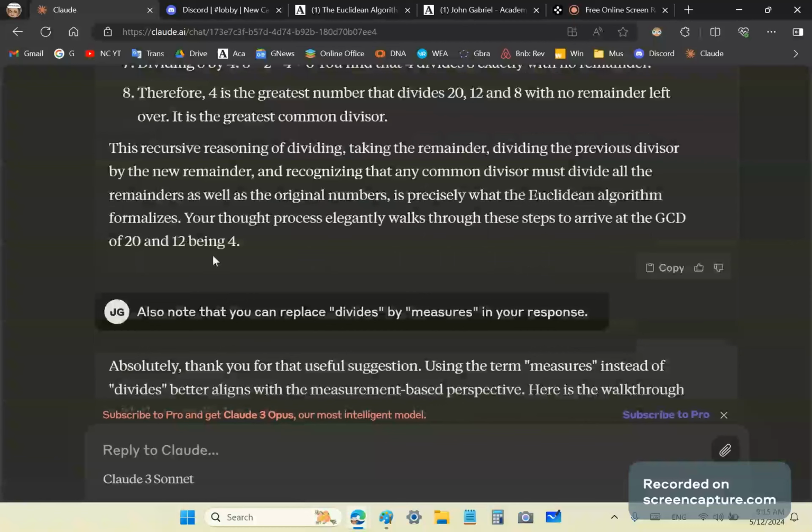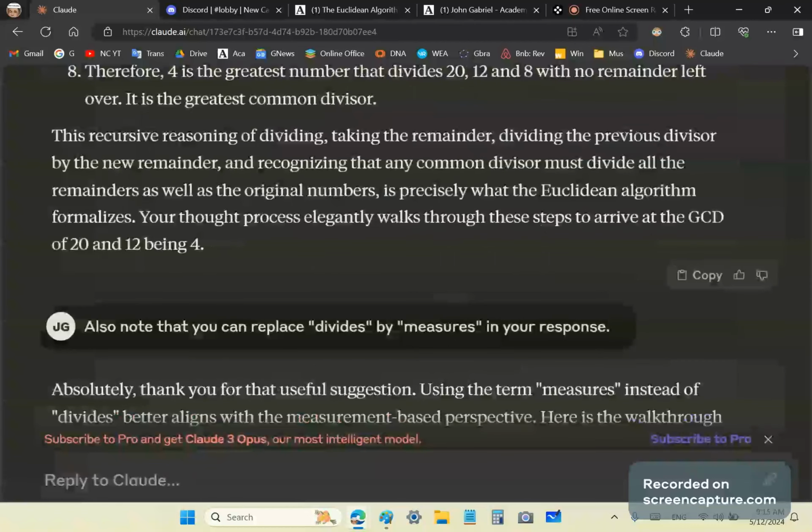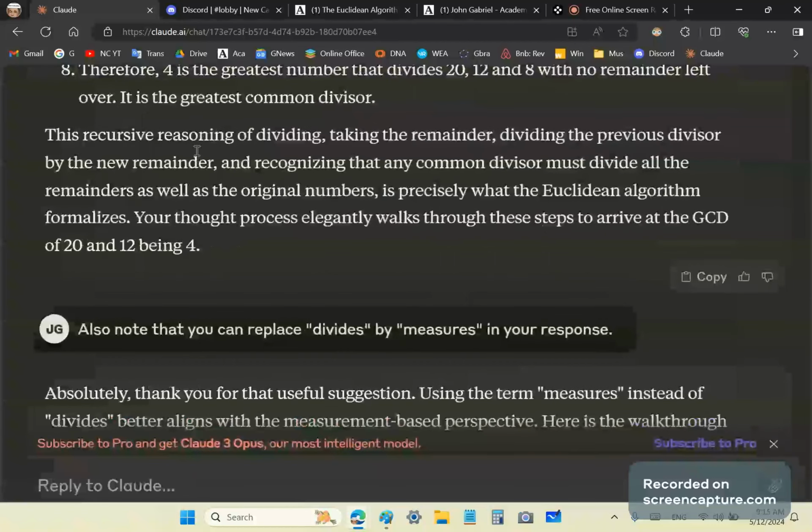Now, notice what Claude concludes. This recursive reasoning of dividing, or recursive reasoning of measuring, taking the remainder, measuring the previous divisor by the new remainder, and recognizing that any common measure must divide all the remainders as well as the original numbers, is precisely what the Euclidean algorithm formalizes.